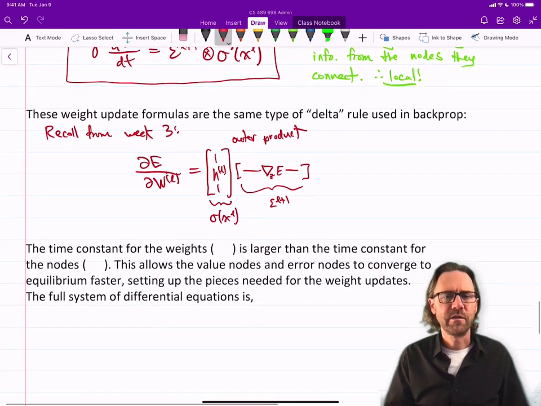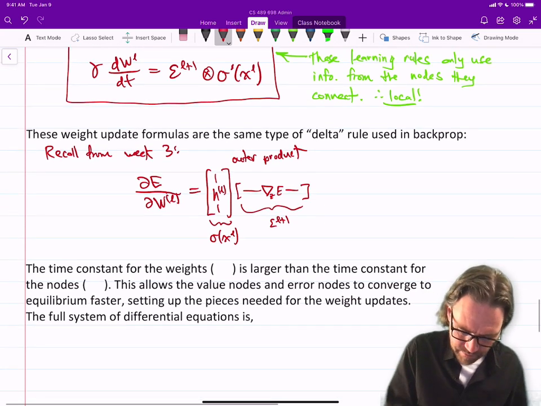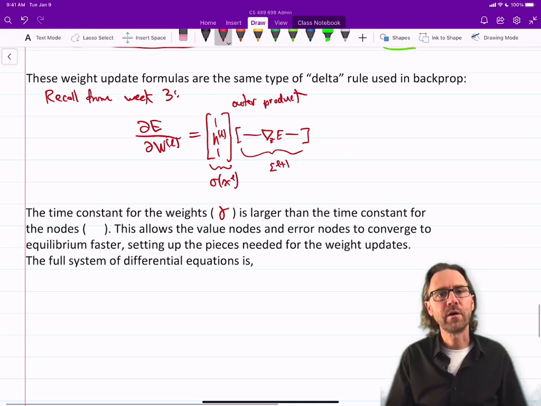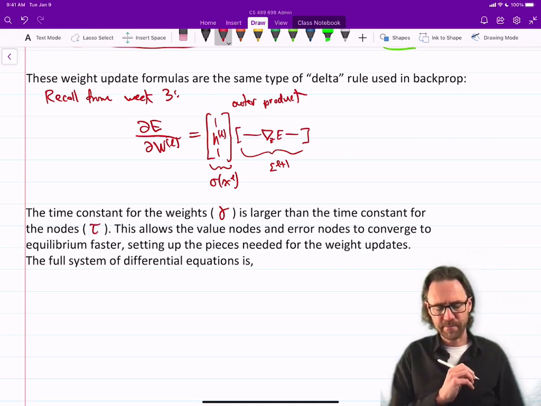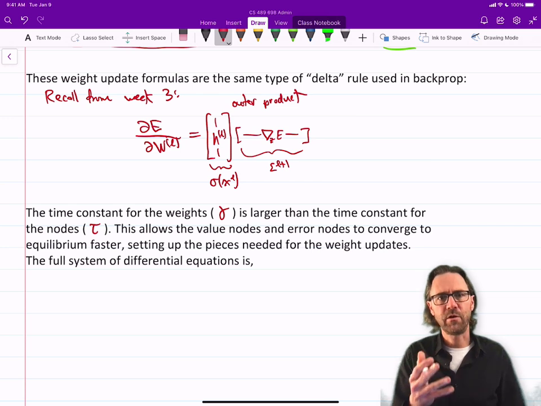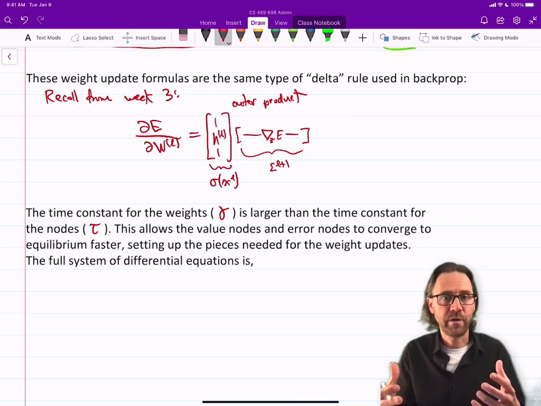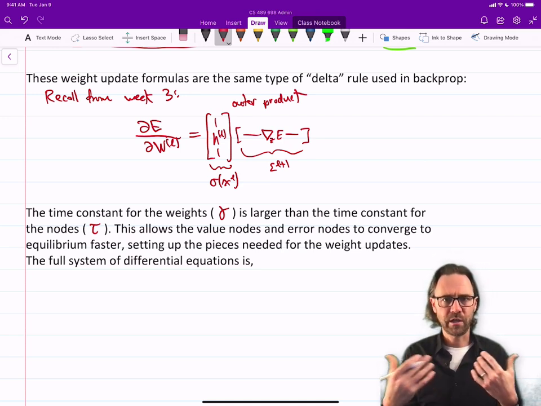So the time constant for the weights, these gammas, is larger than the time constant for the nodes, the error nodes and the value nodes or state nodes, tau. So that means the error nodes and value nodes update more quickly. This allows the value nodes and error nodes to converge to equilibrium faster.